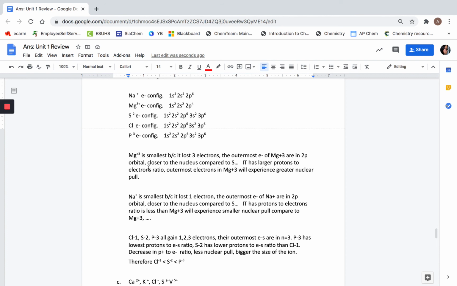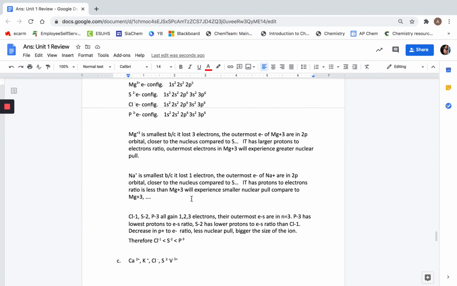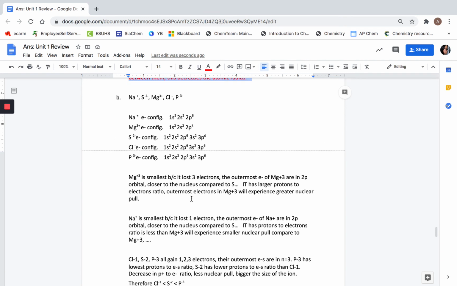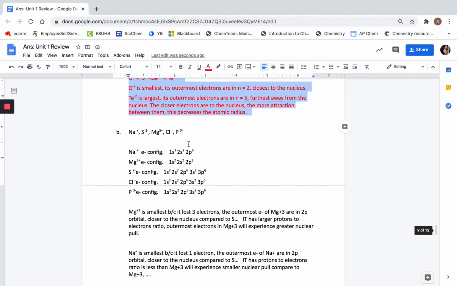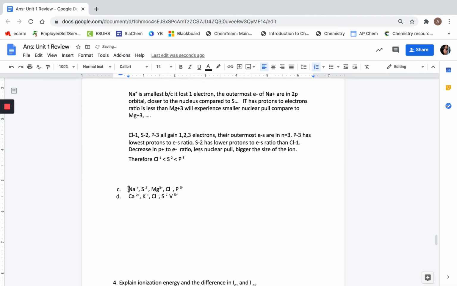I'm not going to write out each one because they are similar. I compare the 2 plus and I compare all the minuses, and so you get this idea. You should go back and compare the whole thing.